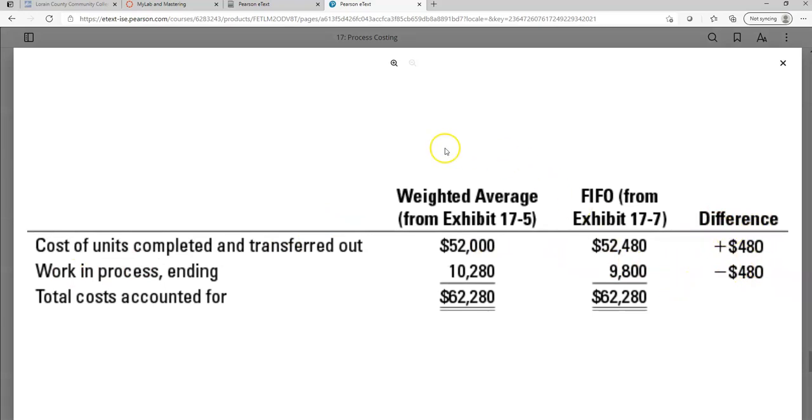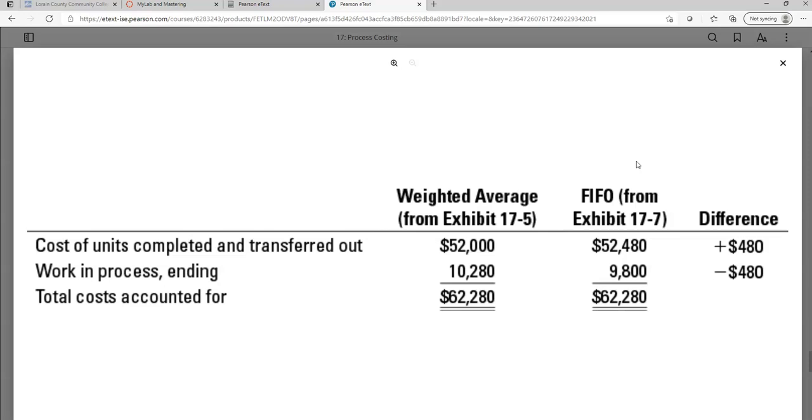Again, what are the differences between weighted average and first in, first out? We talked about that. Just to refresh your memory from financial accounting, when we dealt with merchandise inventory, we had specific identification, first in, first out, weighted average, and last in, first out, or LIFO.